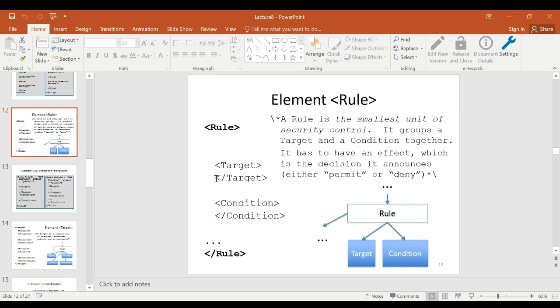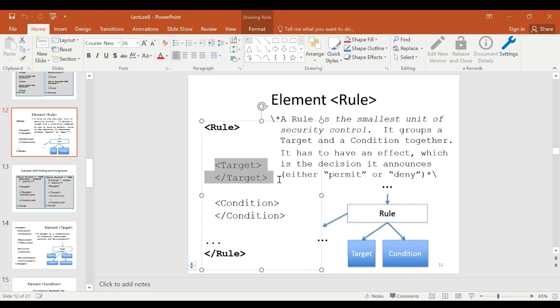So the two most important components that a rule should have are what's known as a target and a condition. We will explain next what the target and condition attributes are. But before we do that, it is very important to make the point that each rule will have some kind of decision, which is usually included as information in the rule, or some kind of metadata in the rule attribute.